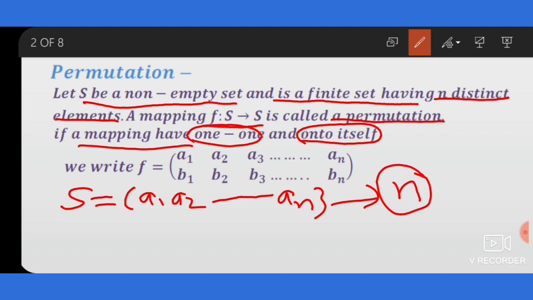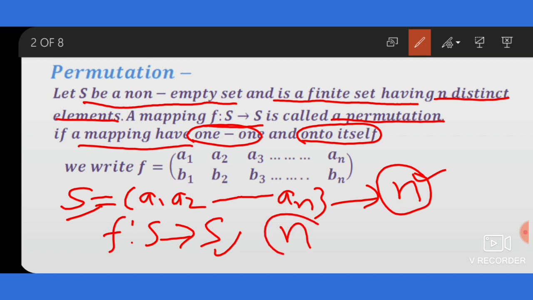The number of elements in the finite set S is known as the degree of the permutation. Then f from S to S, if f is one-one and onto, is a permutation of degree n.